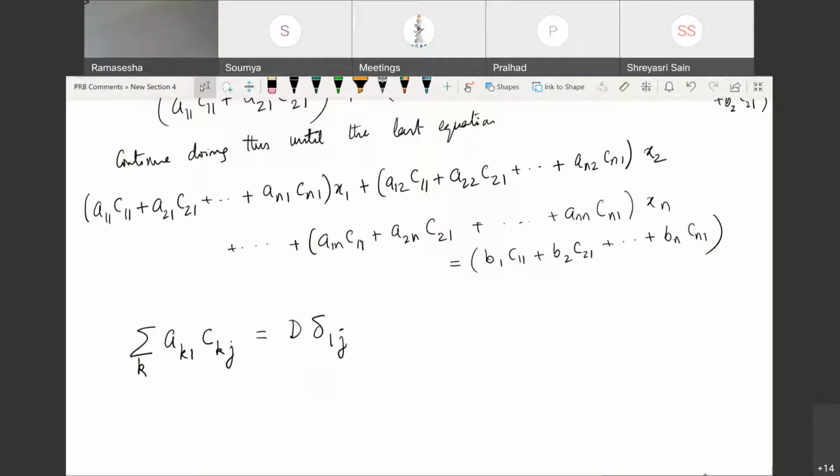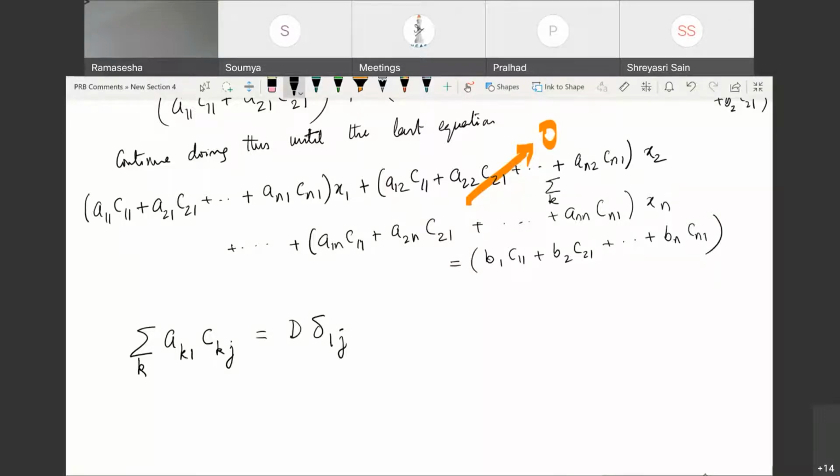So what will happen? This should go to 0, right? Because this one is actually Cn1 times An2. This one will correspond to the following, right?